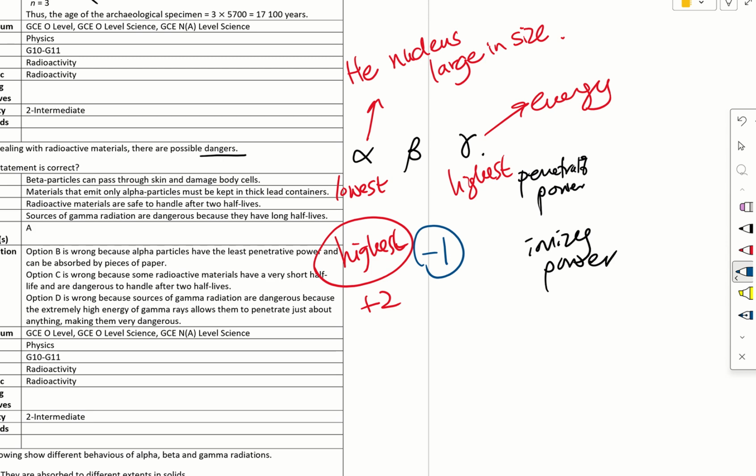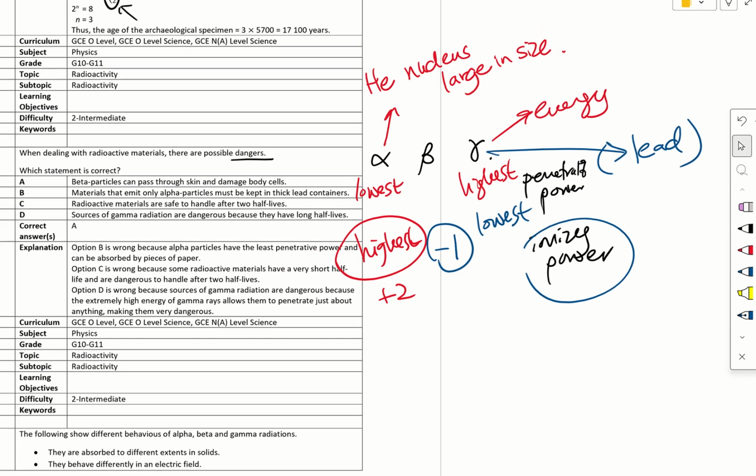And gamma is the lowest ionizing power, but it can penetrate very easily. So you need lead for its protection, a few cm of lead or concrete, right?